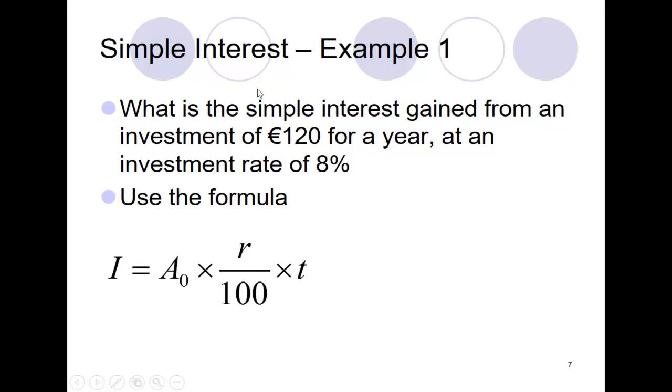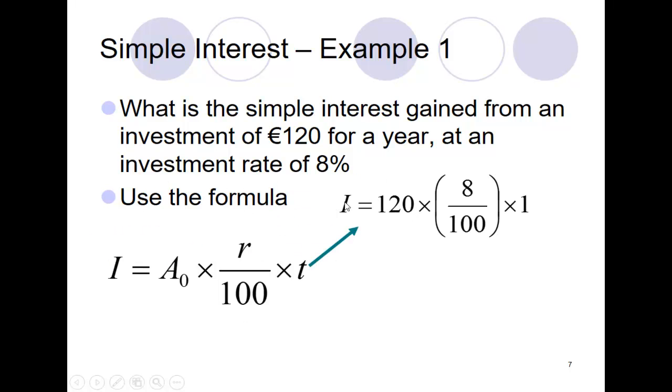Okay. So what is the simple interest gained from an investment of 120 for a year at an investment rate of 8%? Okay, so we're going to use the formula. Interest equals the amount invested at the beginning multiplied by the rate as a decimal multiplied by the number of years it was invested.